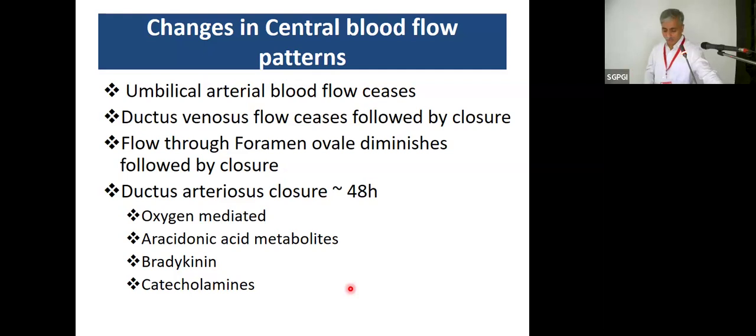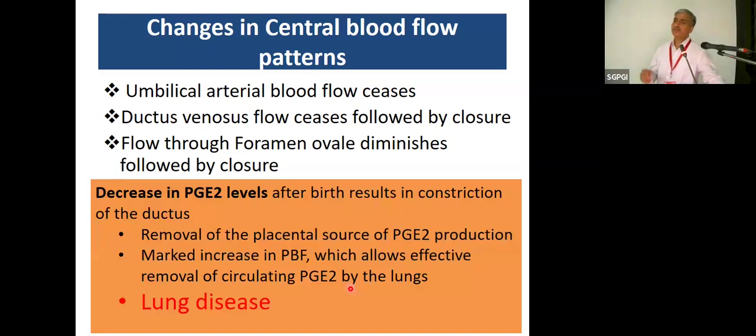What is keeping the ductus patent in the fetal life is the high prostaglandin, which is called PGE2. PGE1 we give in the postnatal life to let the duct open whenever we have a duct dependent systemic or pulmonary circulation, correct? In the fetal life, the PGE2 is produced by the placenta, and it keeps the duct open.